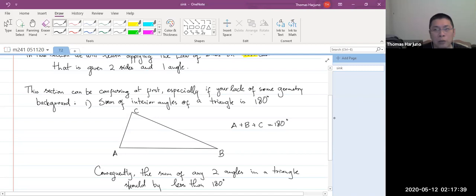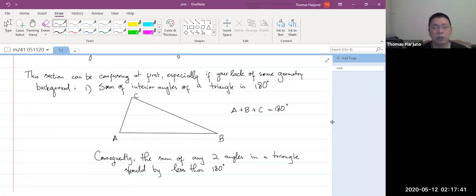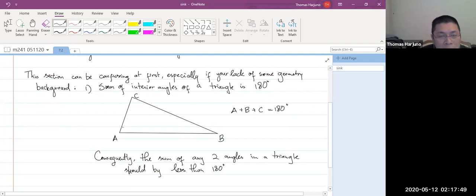The first one, I believe, is something you already know: the sum of the interior angles of a triangle is 180 degrees. In other words, if I add this angle here, plus this angle here, plus the angle here, the total has to be 180 degrees.